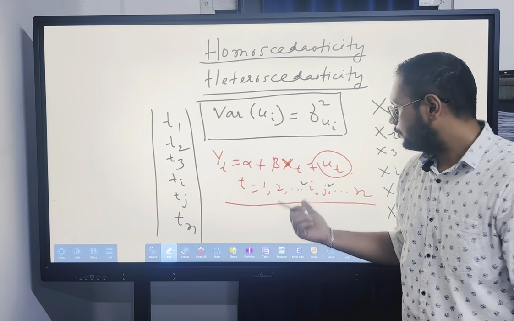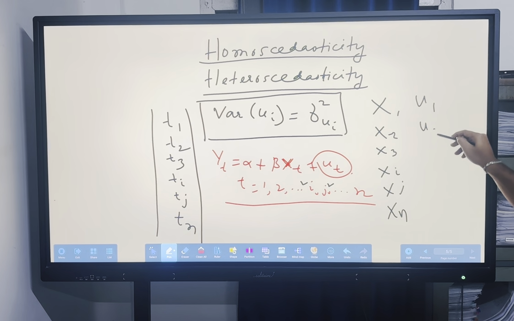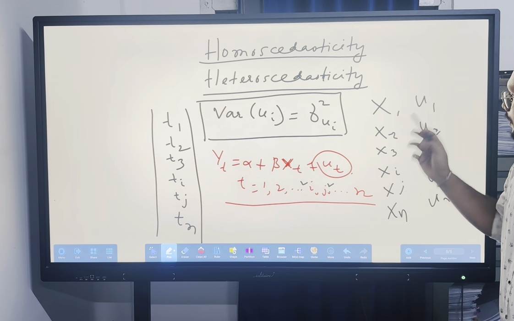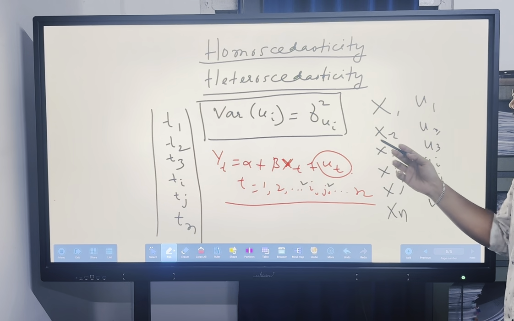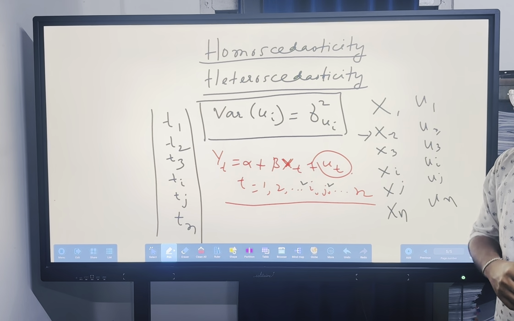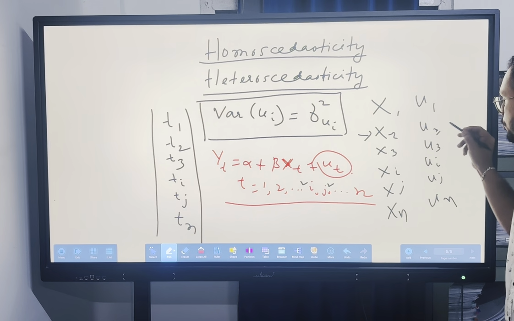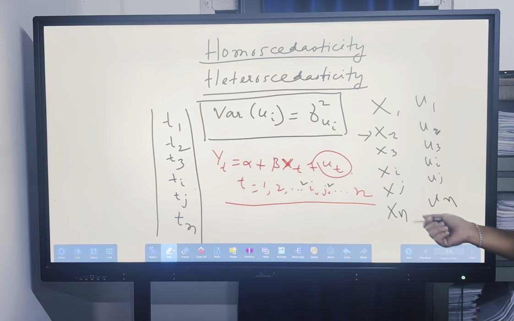I'm just writing this down so that it is easier for you to understand. So for a model where we take x1, we will find that U1 will be the disturbance term. Similarly, for a model where we take X2 as the variable, U2 will be the disturbance term. Similarly, for i and n.